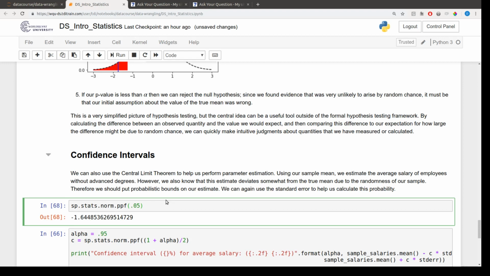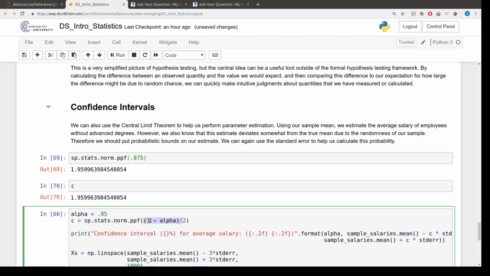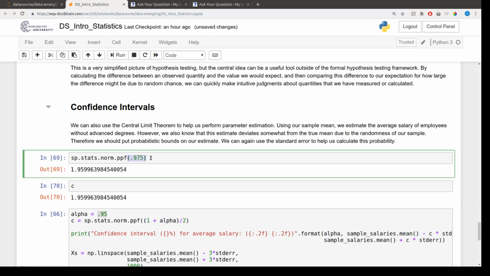So here I've done a little calculation. 1 plus 0.95 divided by 2, you'll find is 0.975. So that gives me the bounds on the standard normal distribution, negative 1.95 to 1.95, where I'll find 95% of the probability captured in between.